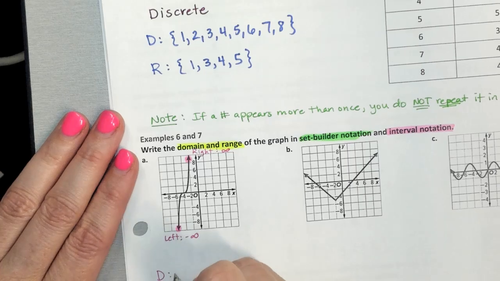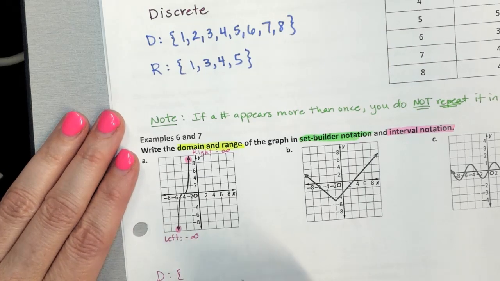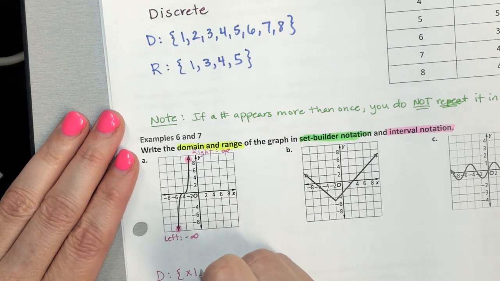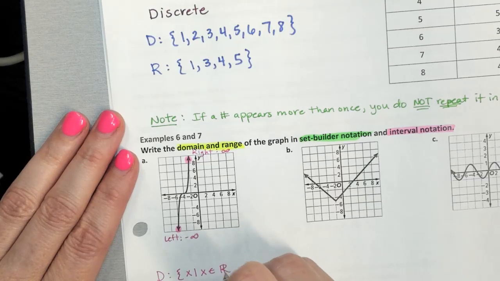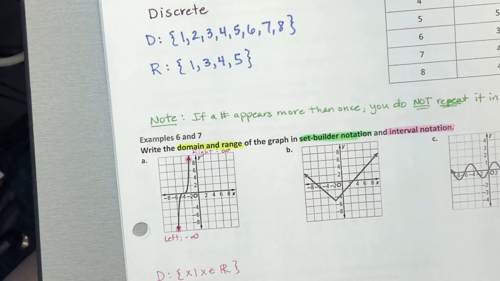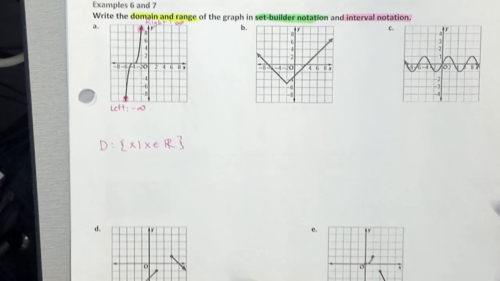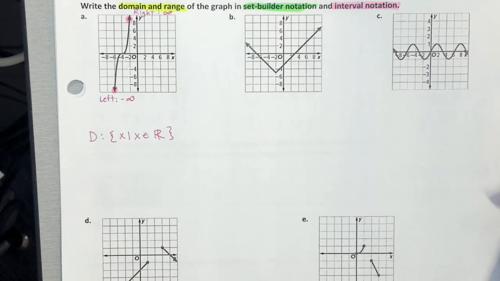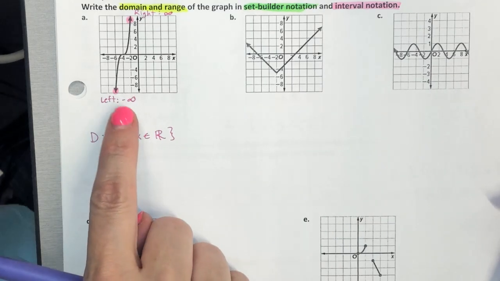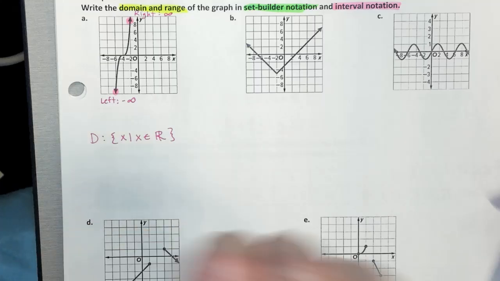Okay, so when we're saying that in set builder notation, it's x such that x is an element of the real number set, which we did yesterday. And then today we're going to learn how to write that as an interval. So see how on the left we said it's going to negative infinity?